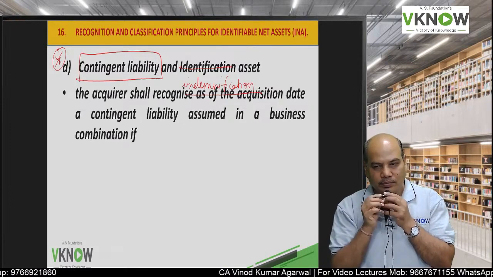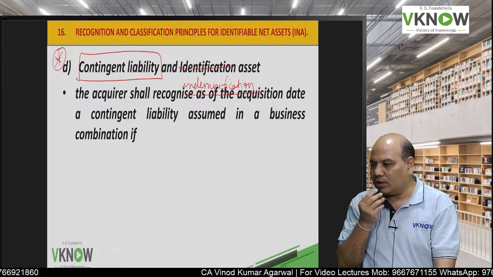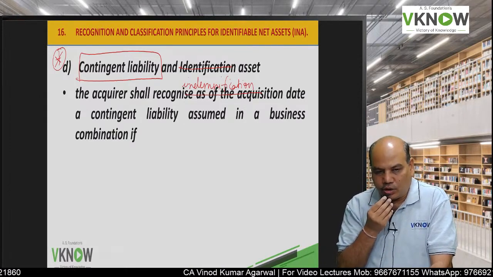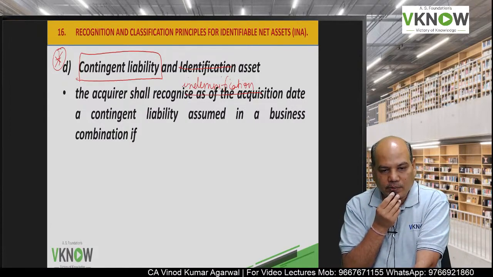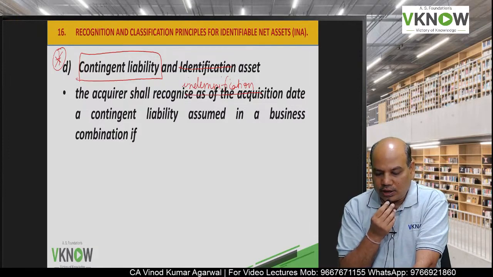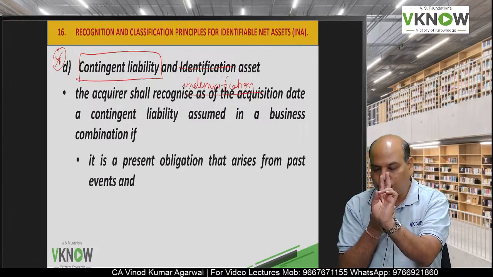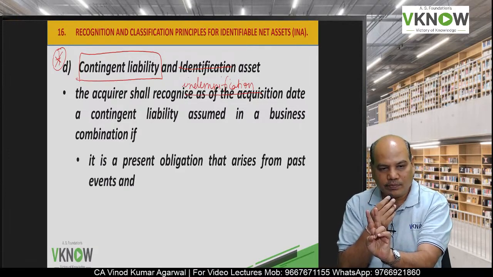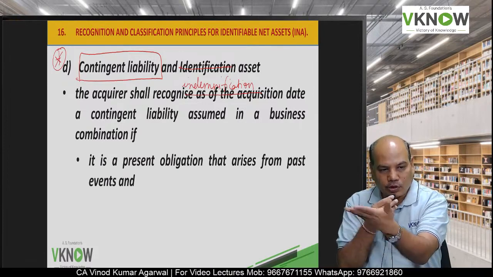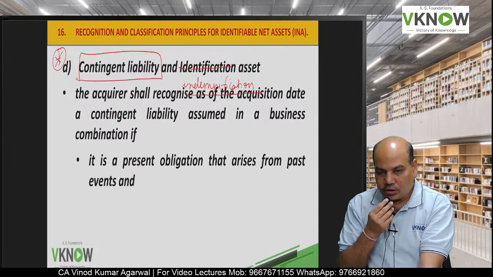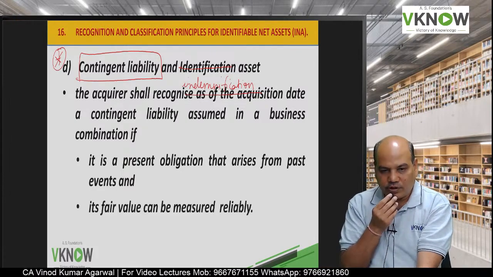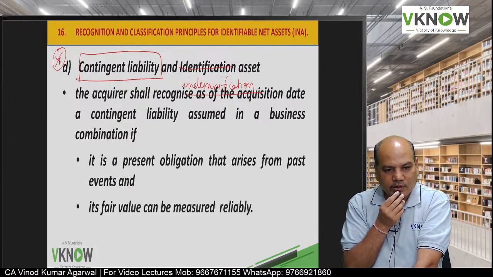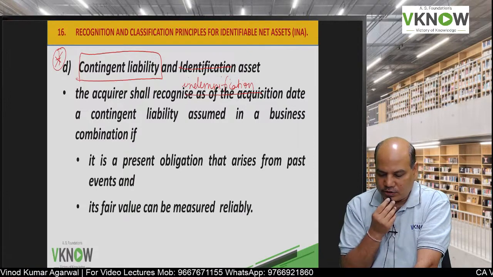First question is whether the contingent liability of the acquiree will be recorded. This is a very important exception. Contingent liability would be recorded if two conditions are satisfied. They can ask you in your interview also in future. First, there must be a present obligation arising from a past event.